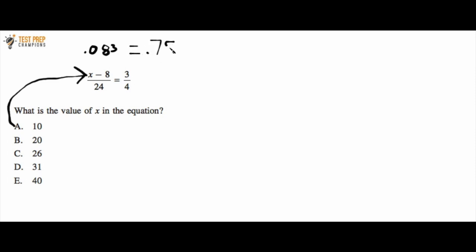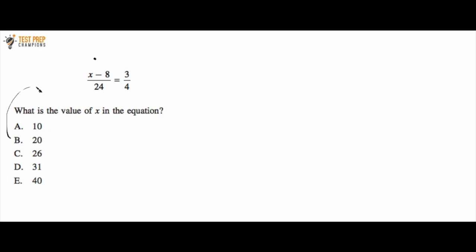Okay, so this is not going to be the right answer because I want to pick an answer choice that I can plug in for x, and that has to make this side of the equation equal to 0.75. So that's not going to work. All right, so let me try it with 20. 20 minus 8 divided by 24 is going to give us 0.5.